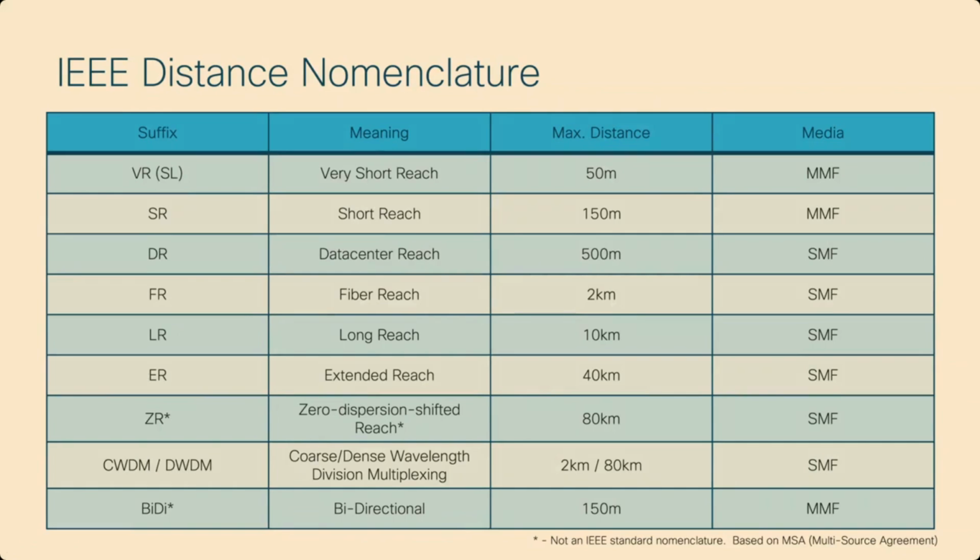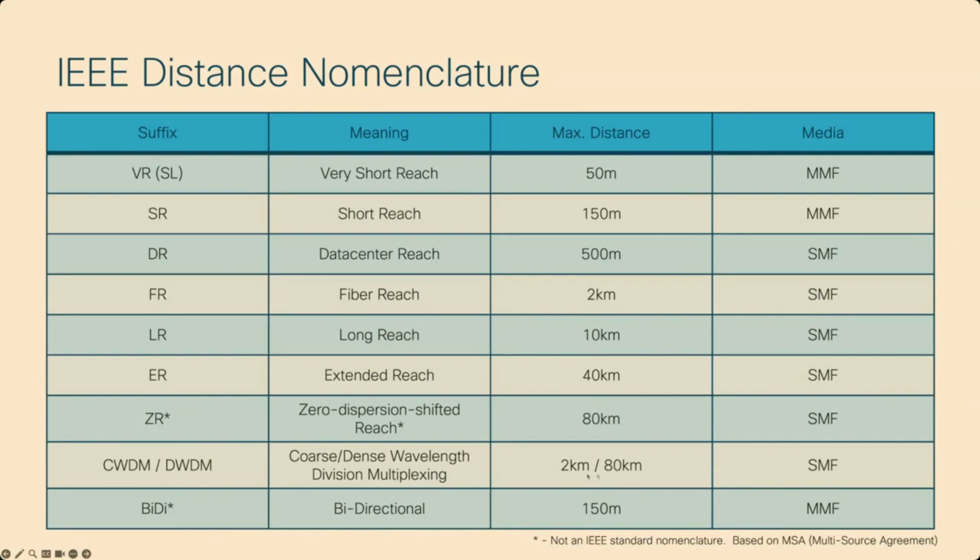So it's not an IEEE standard, but enough vendors have agreed on it outside of the IEEE that it is an accepted standard. In addition, you have CWDM and DWDM. This refers to coarse or dense wavelength division multiplexing, using multiple frequencies of light on the same wire. And these are supported.